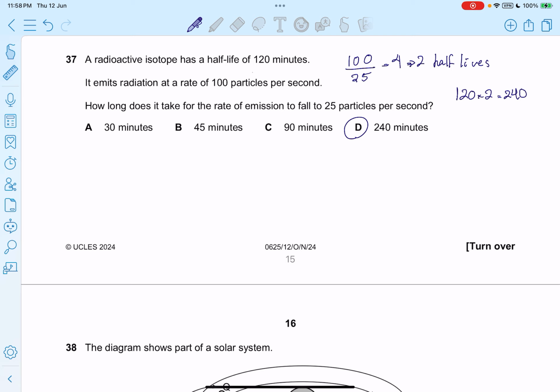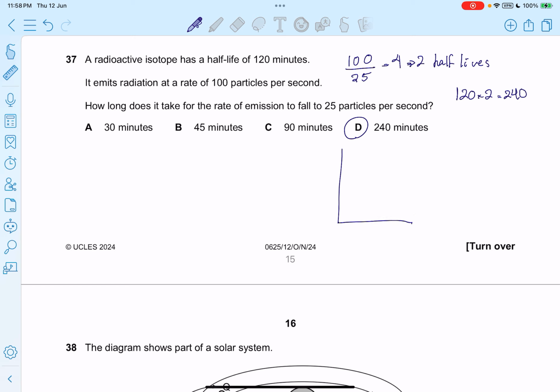37. The radioactive isotope has a half-life of 120 minutes. It emits radiation at a rate of 100 particles per second. How long does it take for the rate of emission to fall to 25 particles per second?